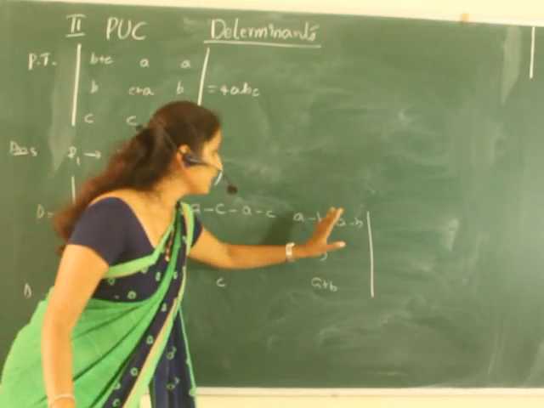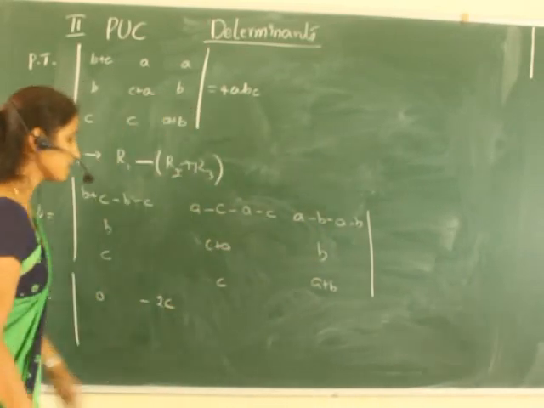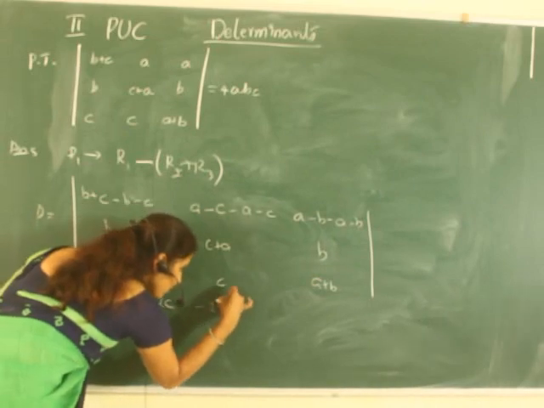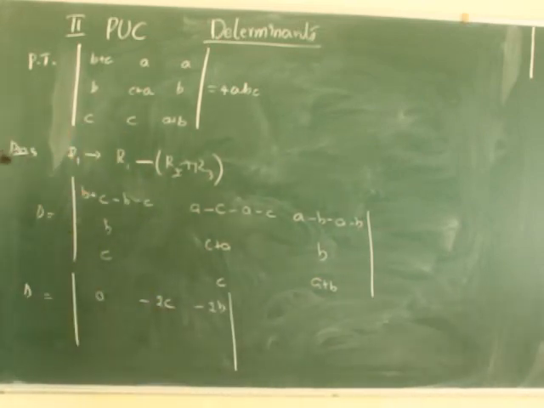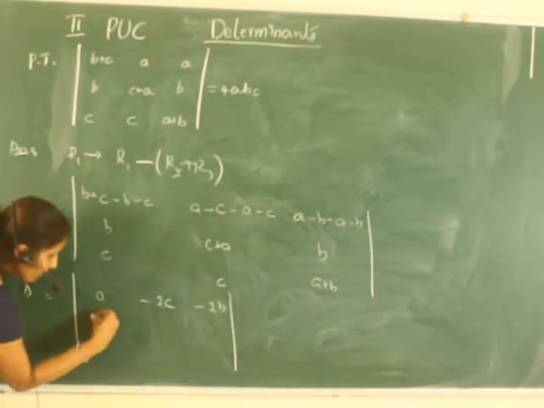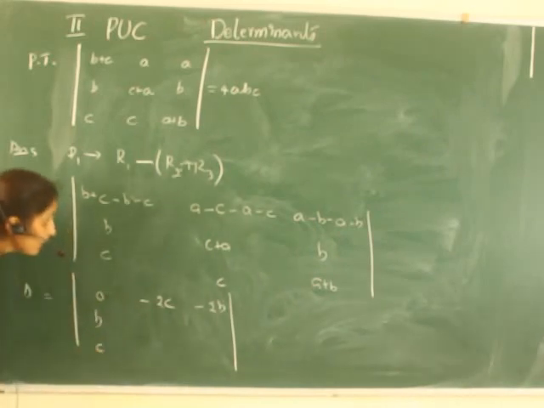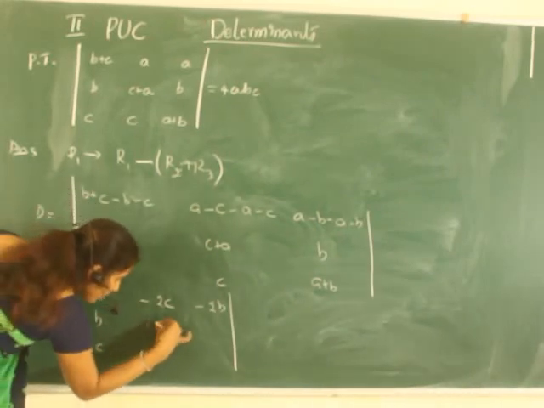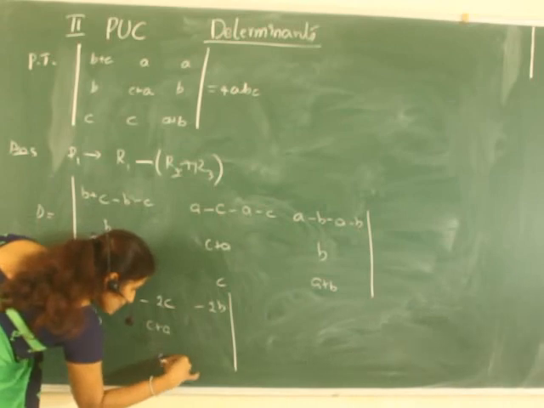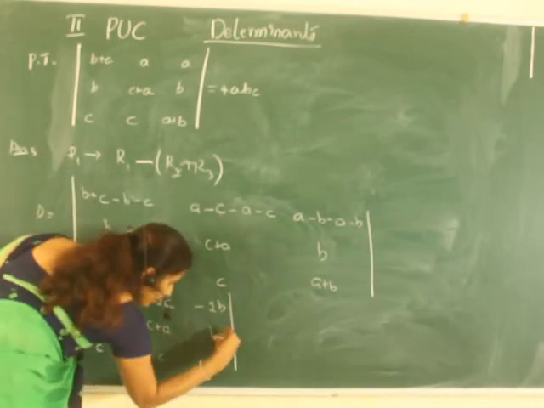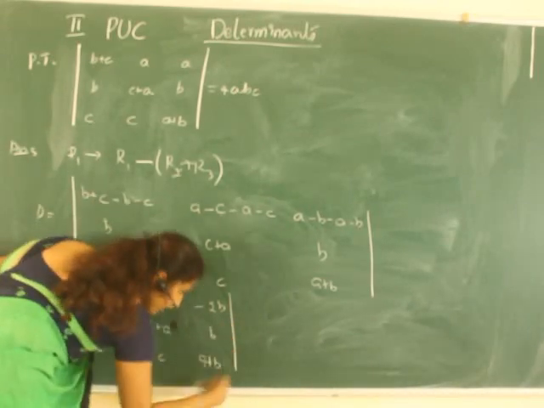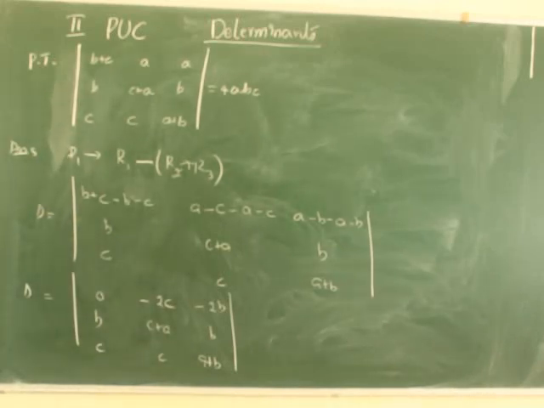Here b, a and b cancel, minus 2b, then b, c plus a, c, and b, a plus b, a plus b. So this we got. Now we have used the property.